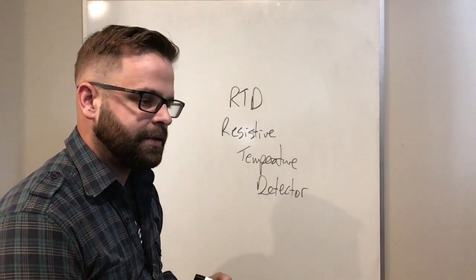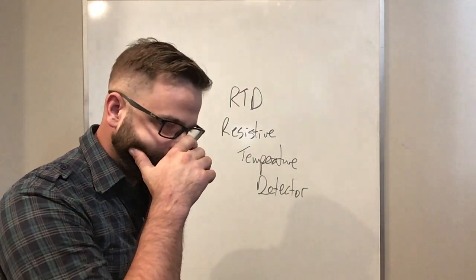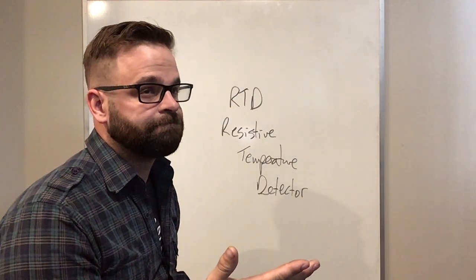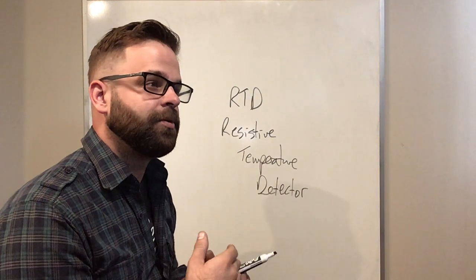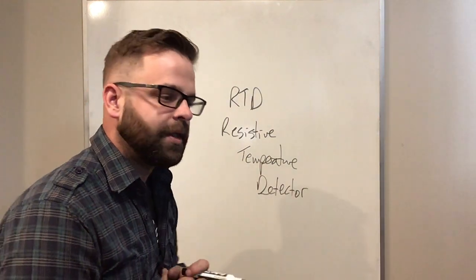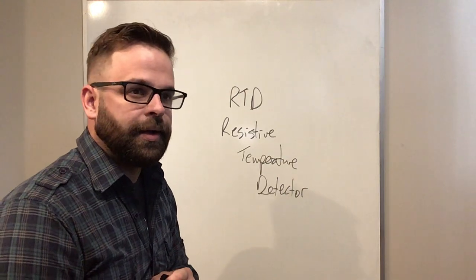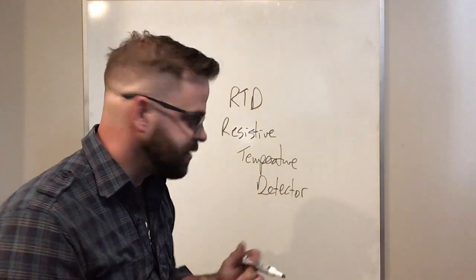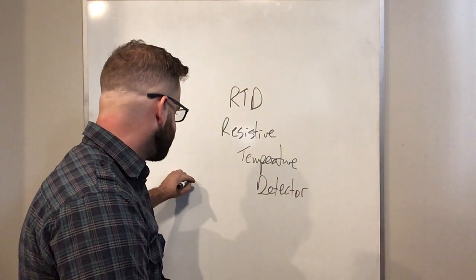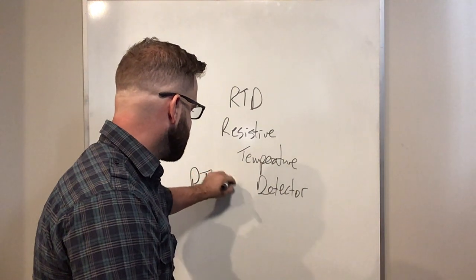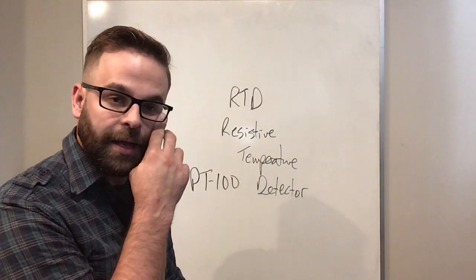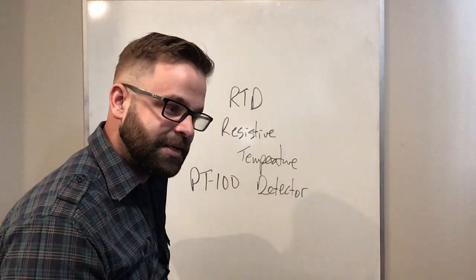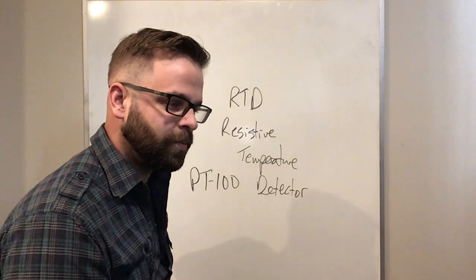The extra wires are there to allow for error if you go over long distances. Let's talk about the most common one, the PT100. A PT100 at 0 degrees has a resistive value of 100 ohms.